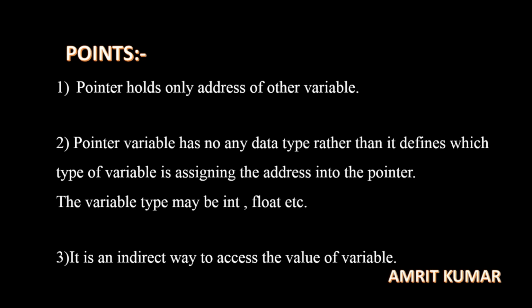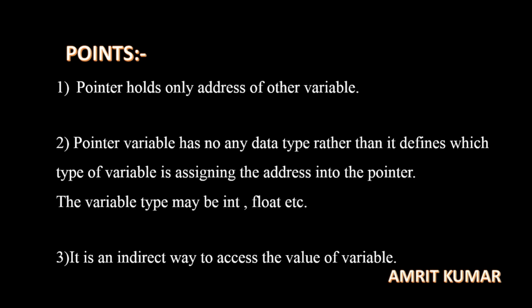If you are assigning an integer variable, then you must use an integer pointer here, because a pointer is also a variable, and the same types of variable will assign the same value.